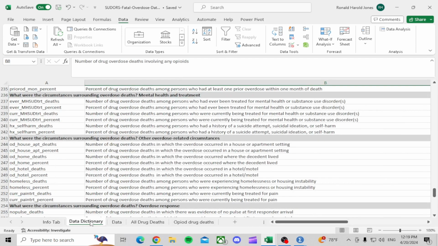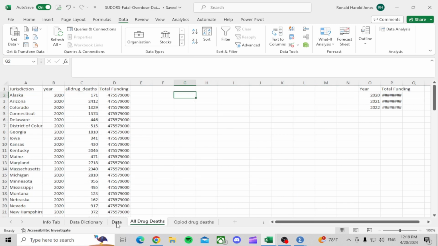So I went to your data. Your data was kind of confusing me, so I just went to the raw data, and I'm just doing this for an example. So I did all drug deaths because that seems like a good dependent variable. Total funding: what I did was I just ran an IFS formula.